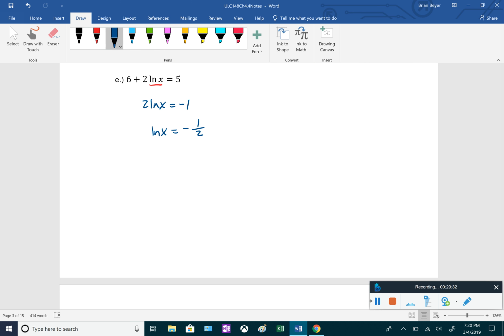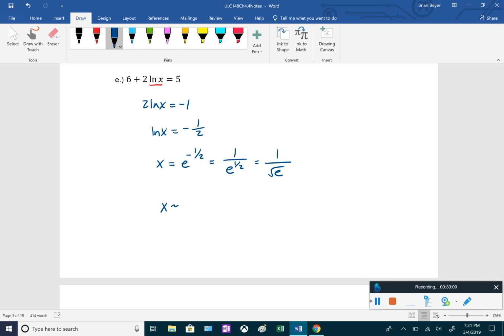Converting this into exponential form, it's going to be x equals e to the negative 1/2. So natural log, base e. You can 100% write it like this, or you can write it like x equals 1 over e to the 1/2, or you can write it as 1 over the square root of e.